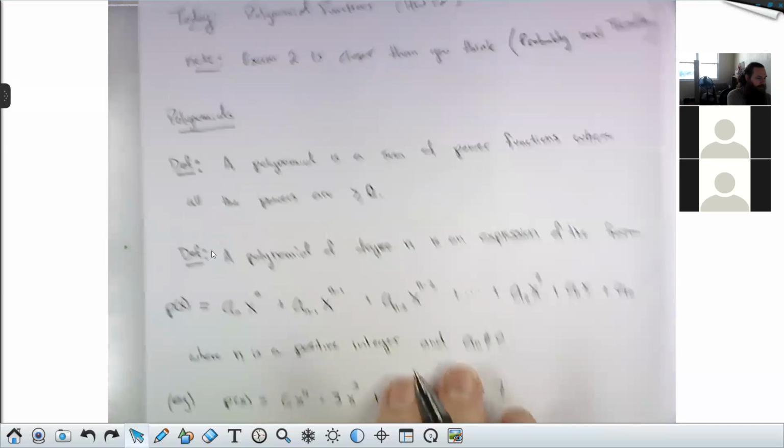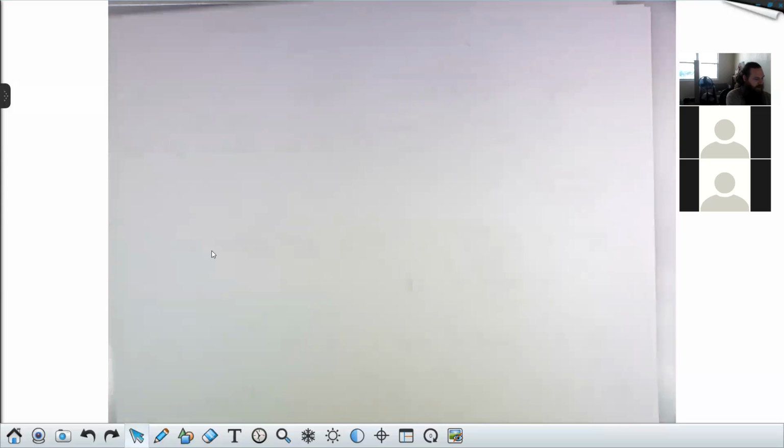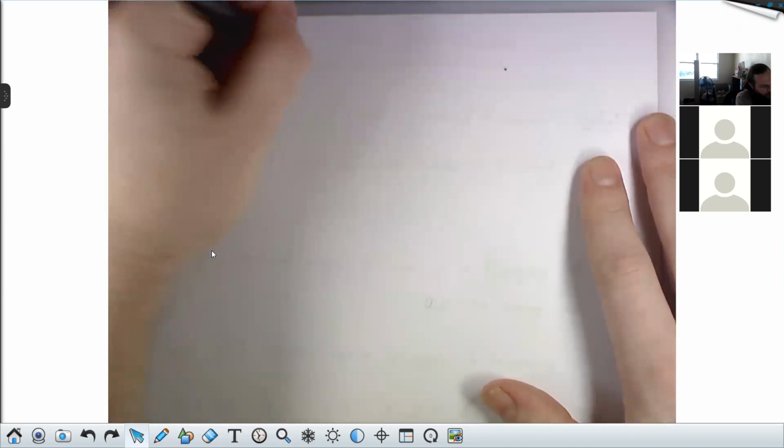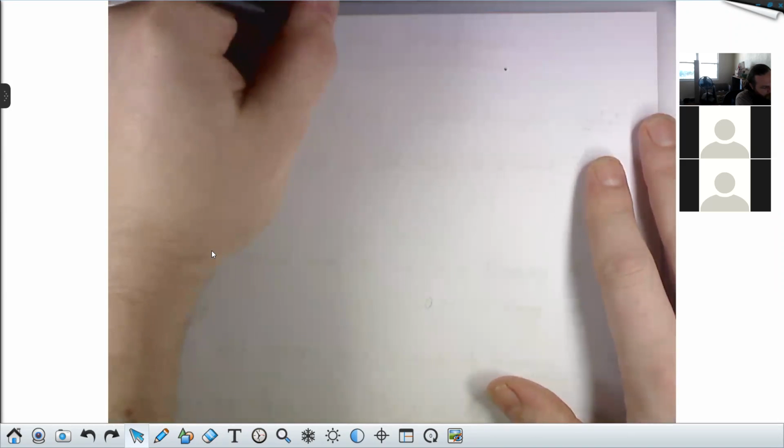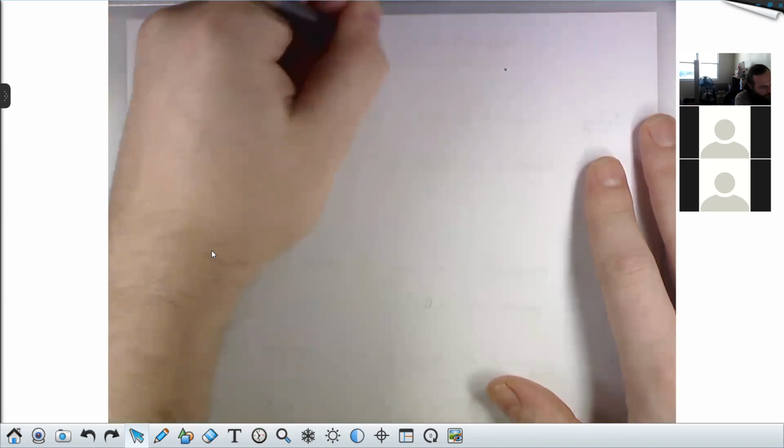Okay, yeah, let's look at another couple of examples then. One of my favorite polynomials, one that you actually saw on a test as a graph, is x cubed minus x.